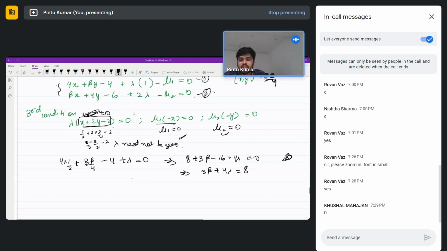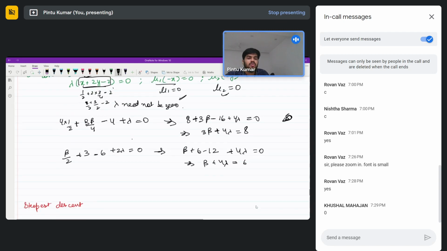And if we put it in the second equation, this is beta by 2 plus 3 by 4 minus 6 plus 2 lambda is equal to 0. This would mean beta plus 6 minus 12 plus 4 lambda is equal to 0. This would mean that beta plus 4 lambda is equal to 6.